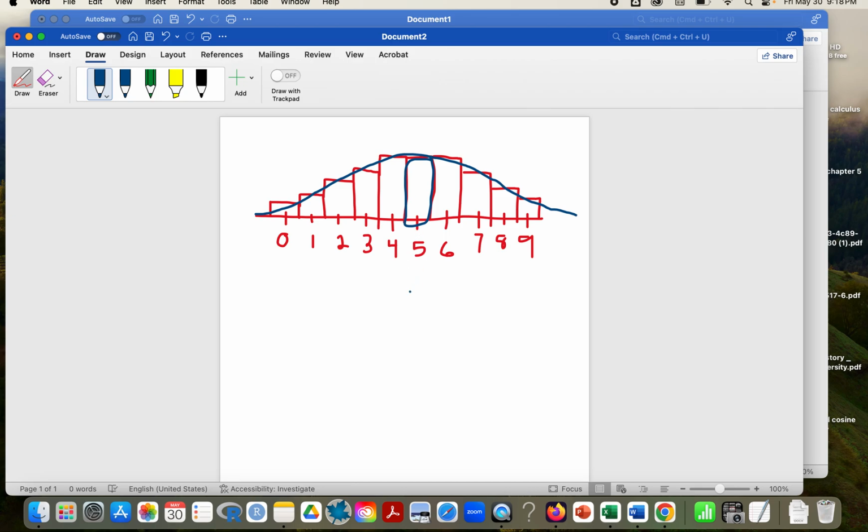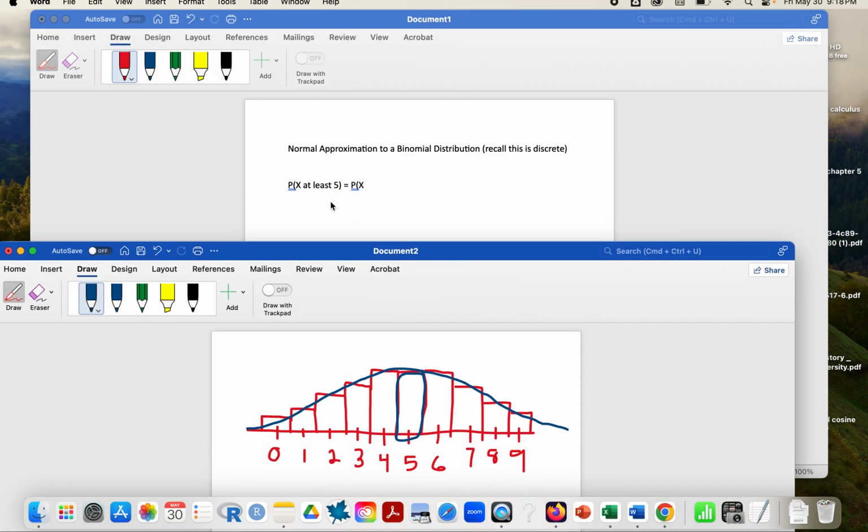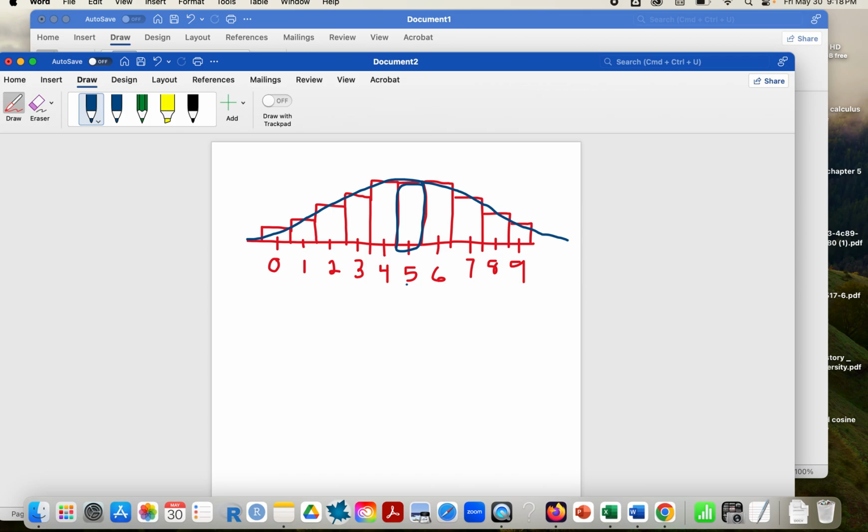So if I said, like I did in this document here, at least 5, well, I need 5 off to infinity. And so what I do is I include all of the rectangle above that number 5.